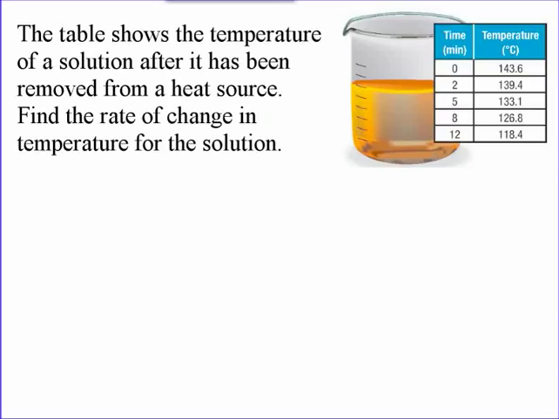This one is actually taken from your book. It says the table shows the temperature of a solution after it has been removed from a heat source. Find the rate of change in temperature for the solution. So we need to do the change in y divided by the change in x.